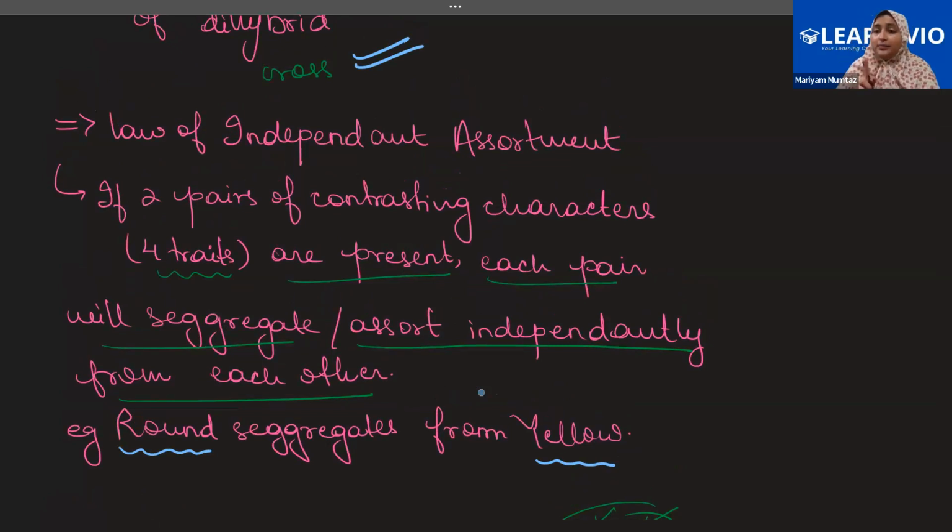So in one pair of the trait, both the characters are being inherited separately. They're not getting lost, they're not getting masked, so they segregate independently from each other. The round is also expressed in the offspring, and so is the yellow.